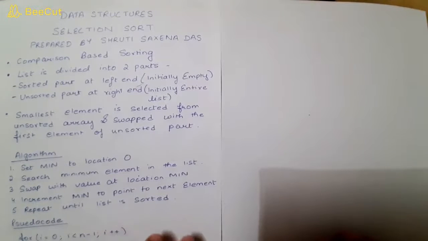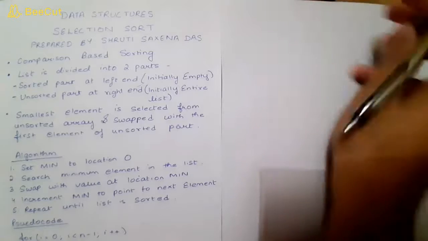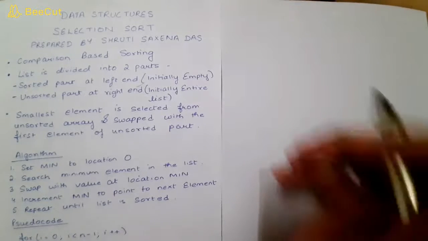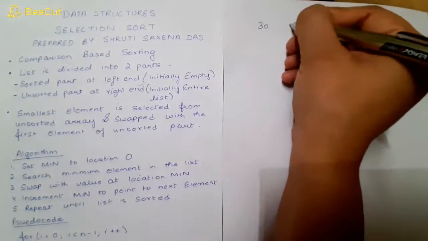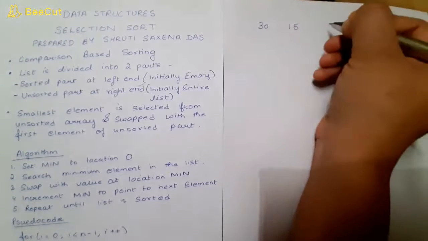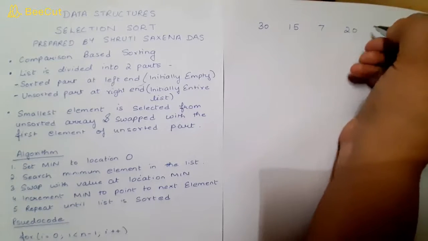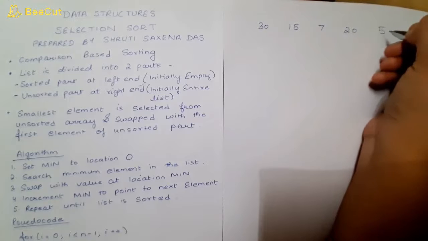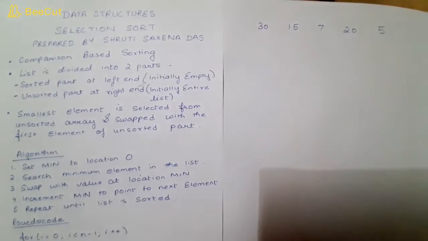So suppose we are having 5 elements: 30, 15, 7, 20 and 5. We need to sort them by using selection sort.